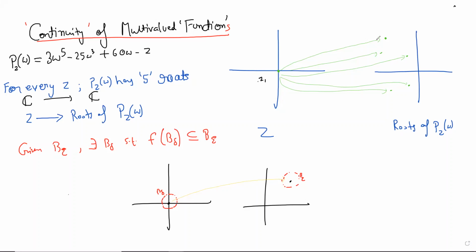We are trying to say that given one branch of Z1, given one possible image of the association, not the function. So earlier I said function, not function.